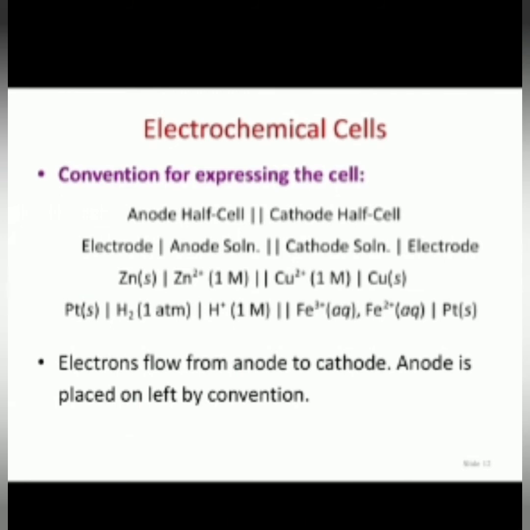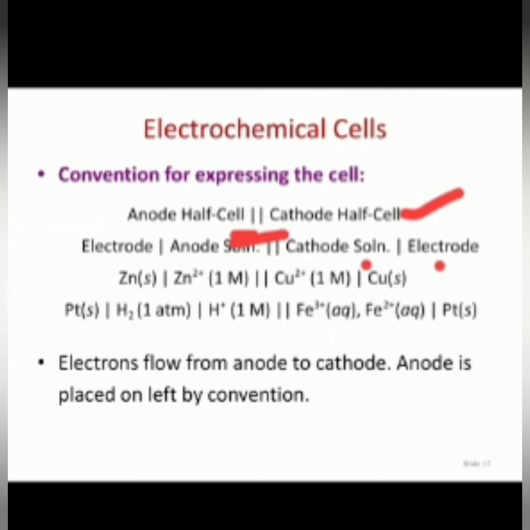Anode half cell reaction and cathode half cell reaction can be distinguished by two vertical lines between the anode and cathode half cells. Anode half cell is made up of electrode and anodic solution, and cathode half cell is made up of cathodic solution and electrode.